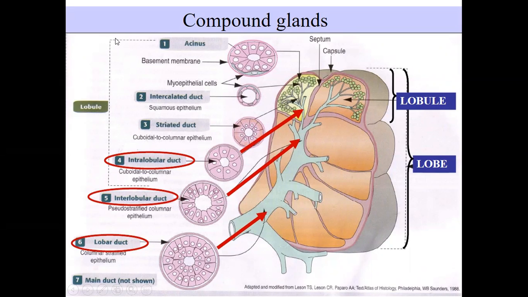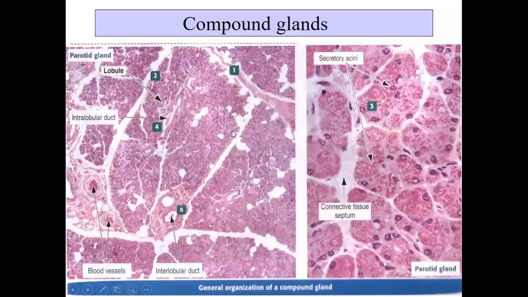This is the lobule, and this is the lobe. You can see here this is the intralobular duct, and this is the interlobular duct. The interlobular duct is bigger in size compared to the intralobular duct.